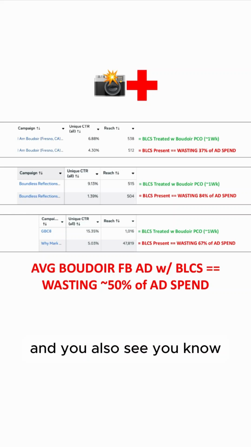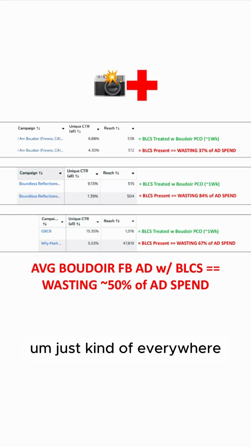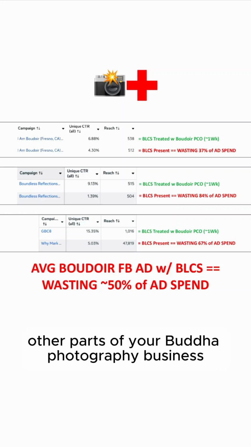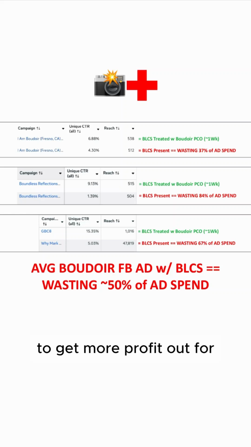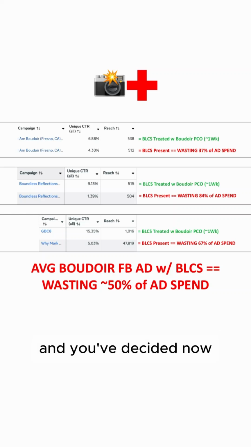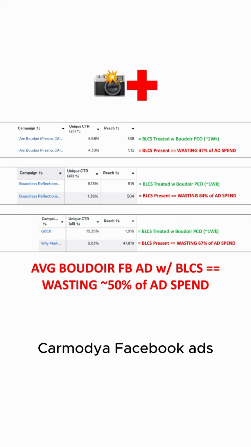And you also see inflation, real life, cost of living going up, just kind of everywhere. And you've already been optimizing other parts of your boudoir photography business to get more profit out for either equal or less effort or input in. And you've decided now you want to extract that same optimization through your current boudoir Facebook ads.